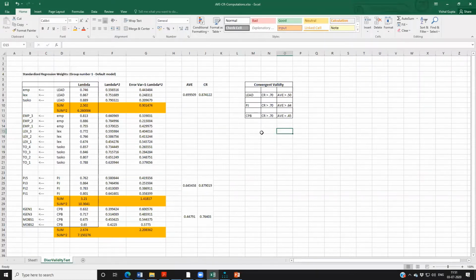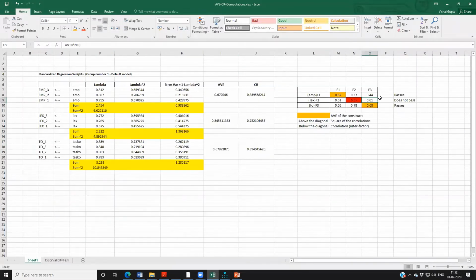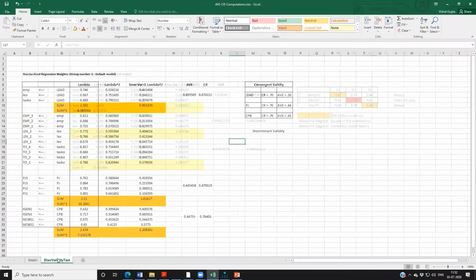Now let us go and do the next one, which is discriminant validity. This is more important, and this is where AVE has a bigger role to play, and this is where we are going to use it now. So we are going to construct a table like we had constructed for the 3-dimensional sphere of leadership.